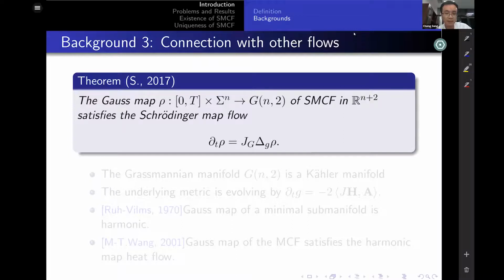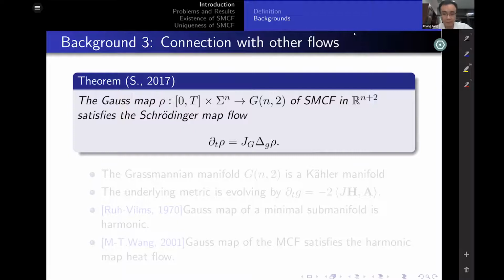The Gauss map of a submanifold is a map from the underlying manifold to the Grassmannian manifold of the ambient manifold.